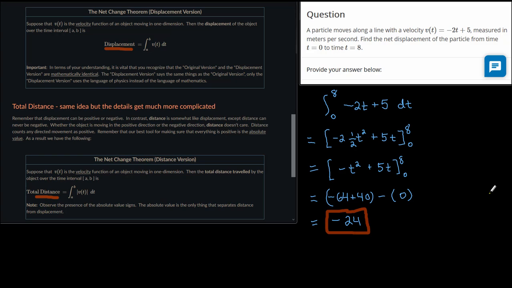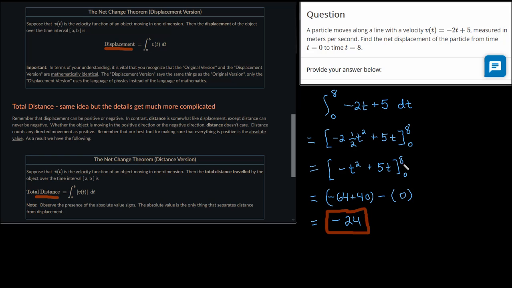What our answer tells us here is that at 8 seconds, the particle wound up 24 meters to the left of where it started.